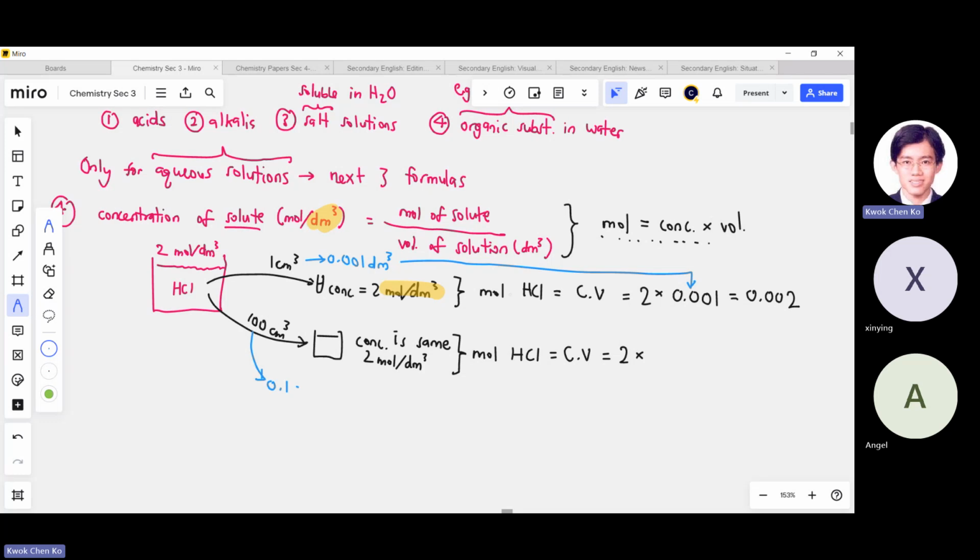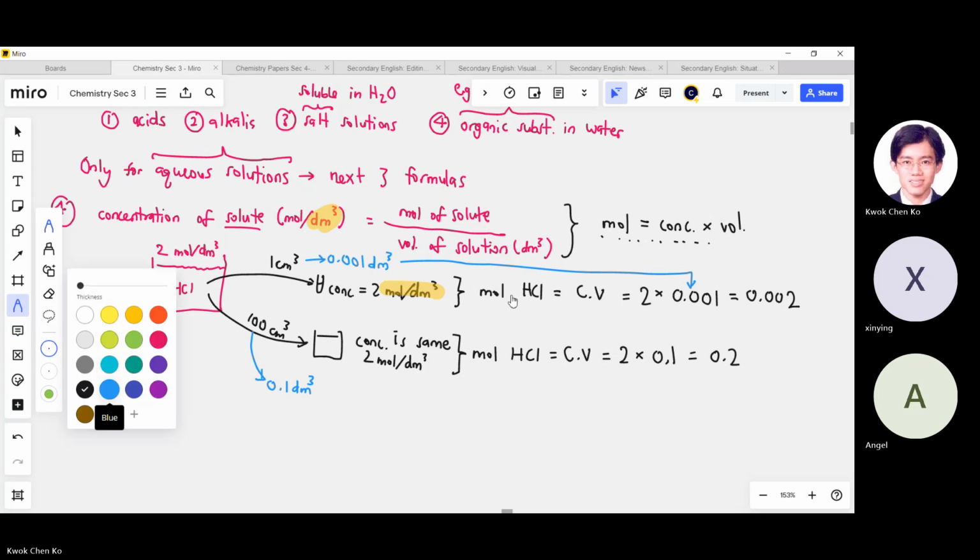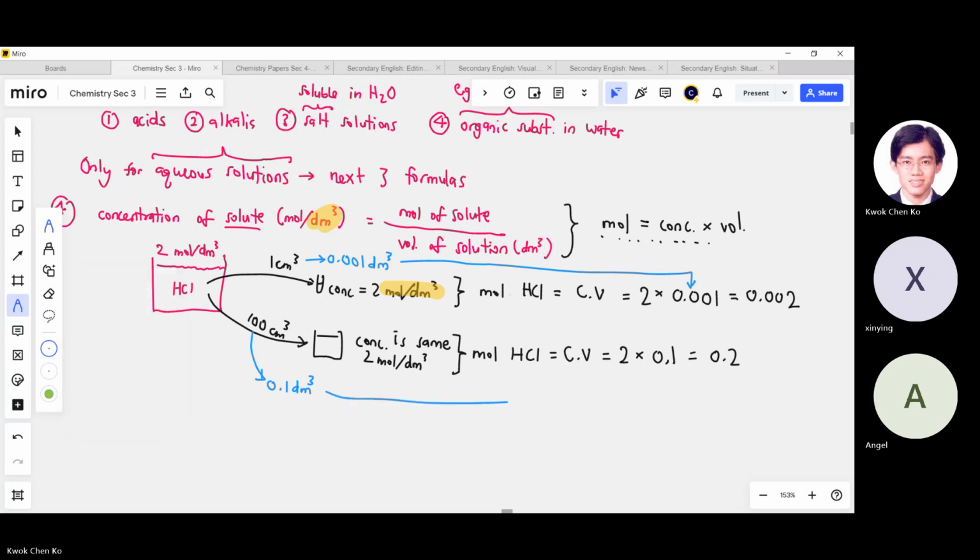Yes, 0.1. So I multiply by 0.1 and my answer is 0.2. As usual, don't be careless. So that is for concentration.